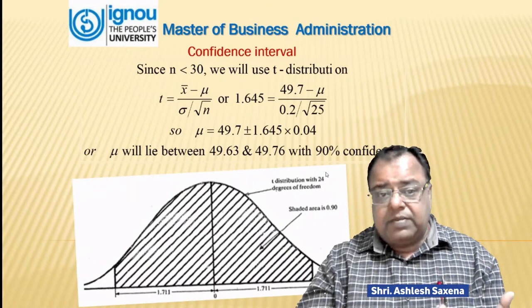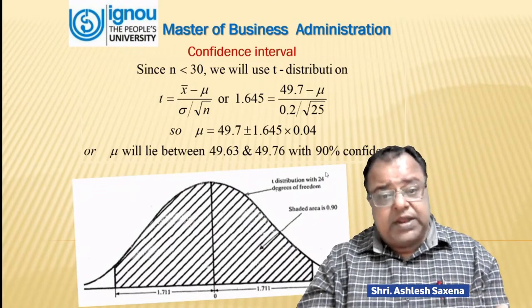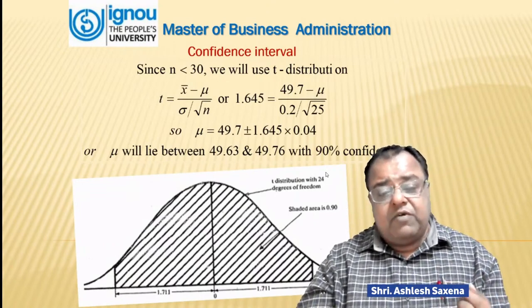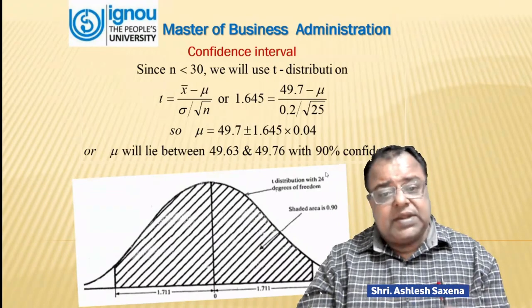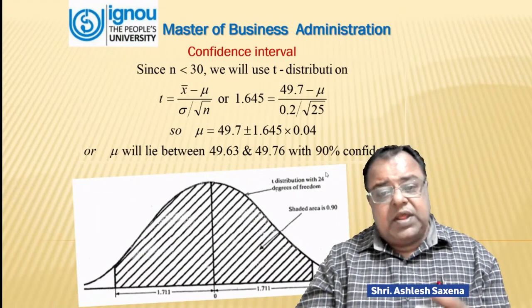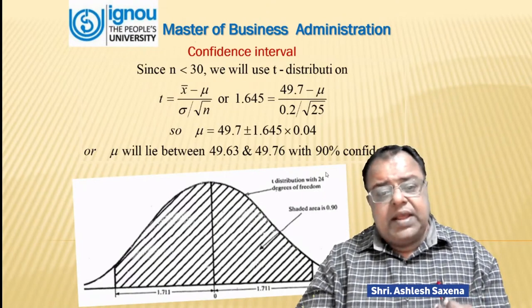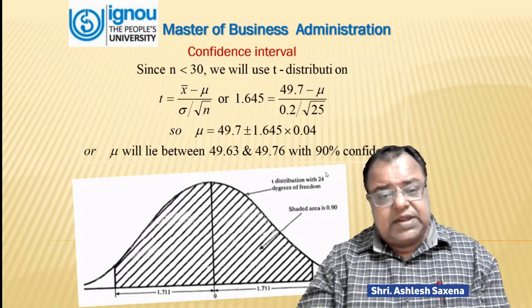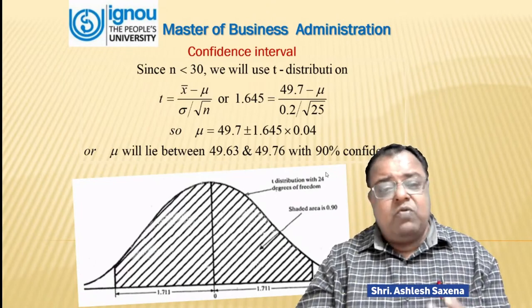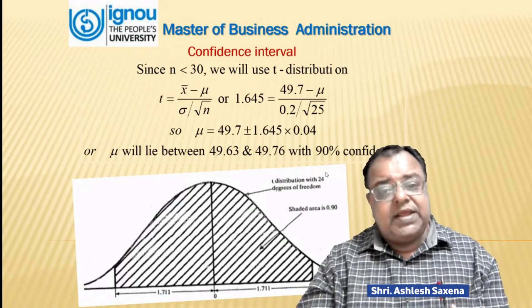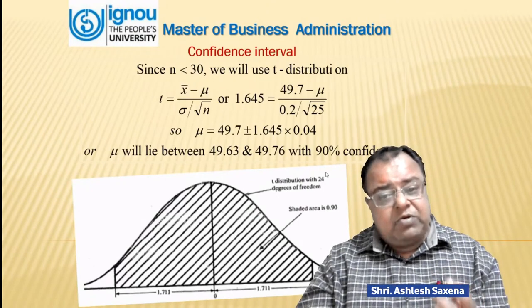When we put in the values, we are going to get mu, because mu is unknown and we know the t. For calculating mu, we will get 49.7 plus minus 1.65 into 0.04, which comes out to be 49.63 and 49.76. Now the question arises, how did we get this plus minus sign? Plus minus sign is basically for under root 25.